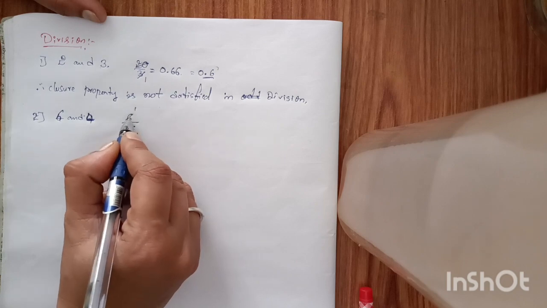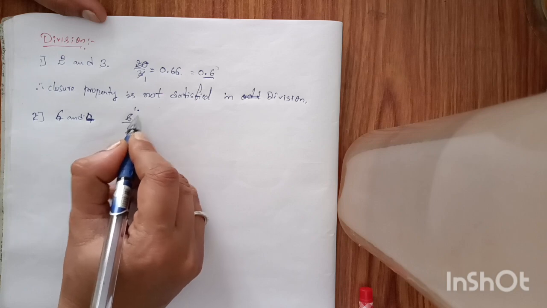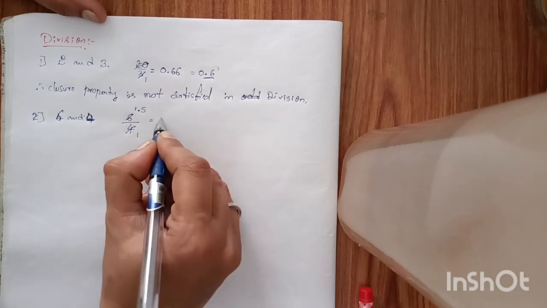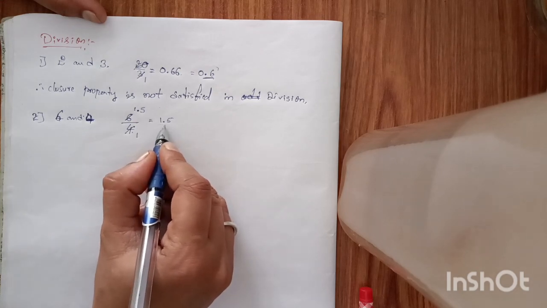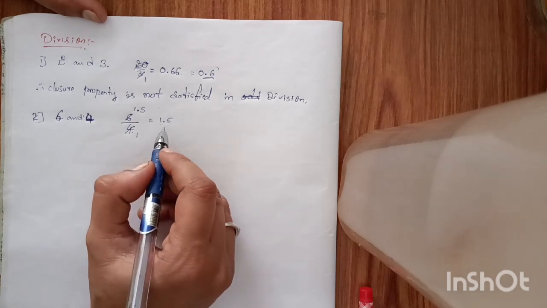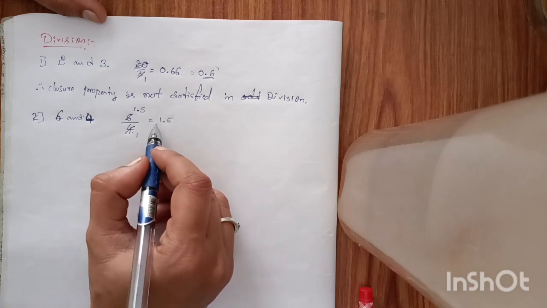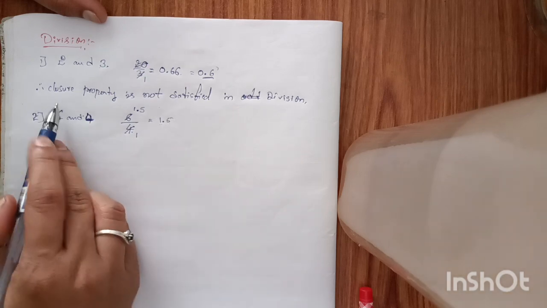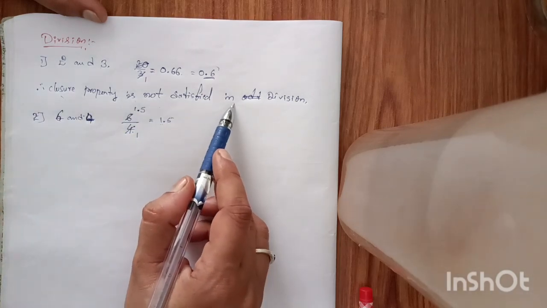If we take a decimal, we get 1.5. Here also we get a decimal number, which is not a whole number. So the closure property is not satisfied under division, right?